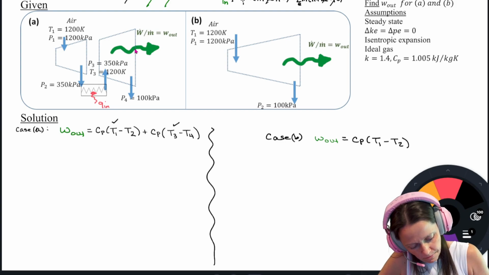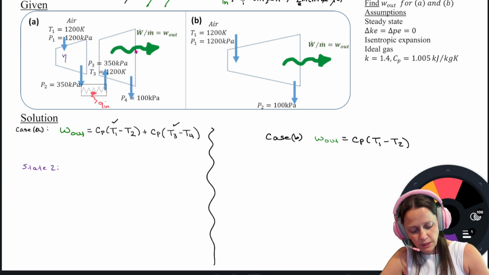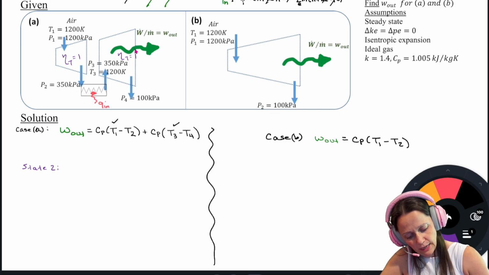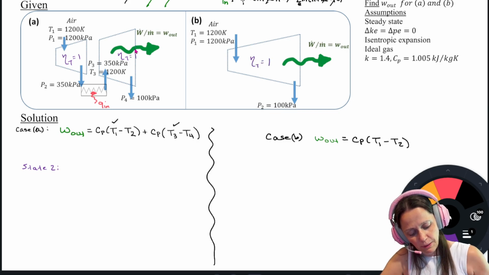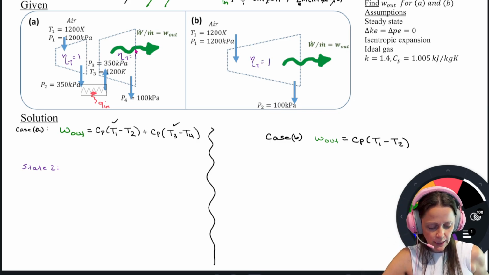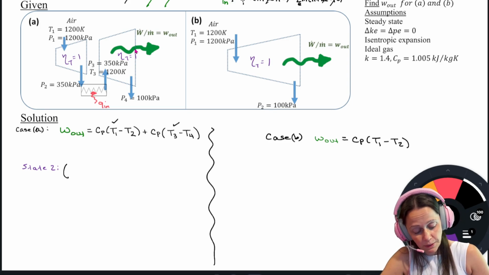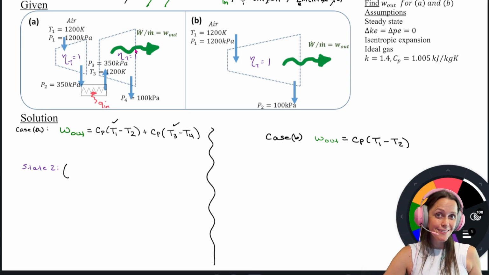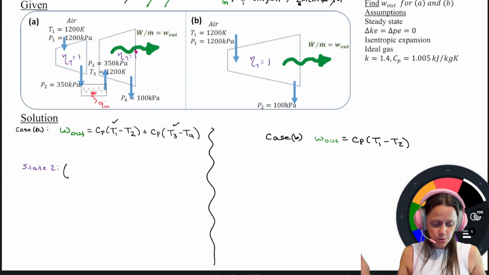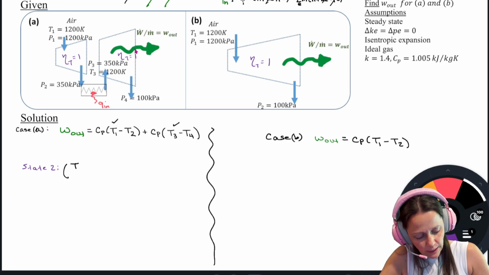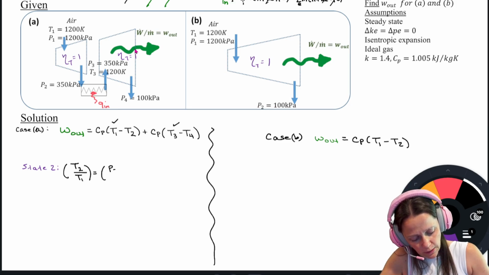So state 2, and we said both of these isentropic efficiencies are 1, same thing with this one. We're not worrying about that. The state 2 ends up being, well, with an isentropic efficiency of 1, T2s and T1 are the same, so I use an isentropic relationship. So T2 over T1 is equal to P2 over P1 to the (k minus 1) over k.